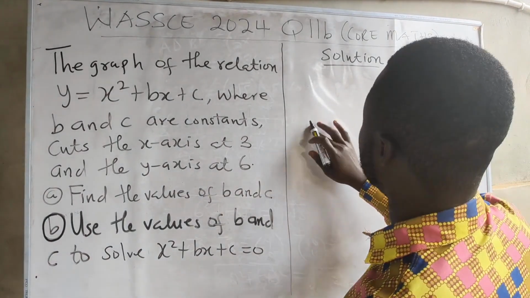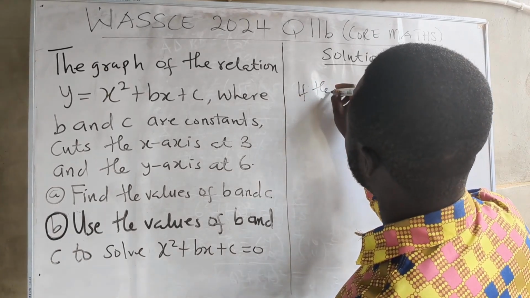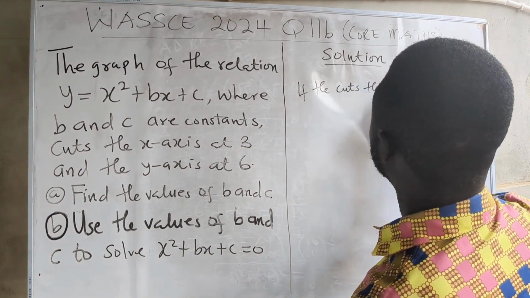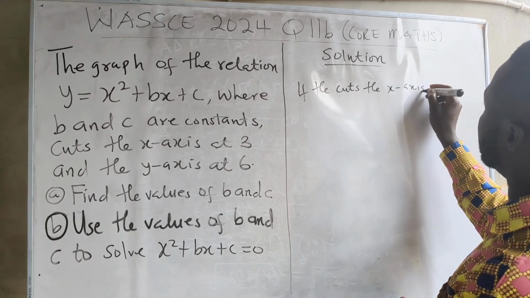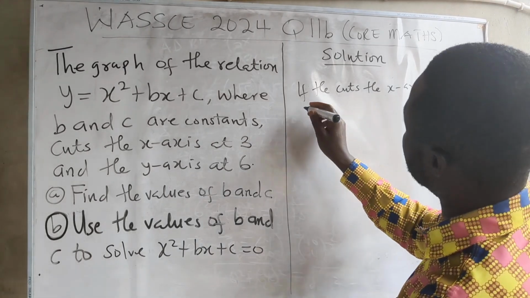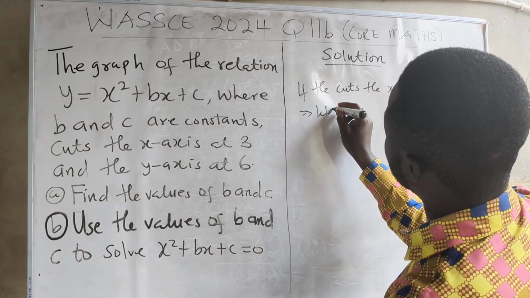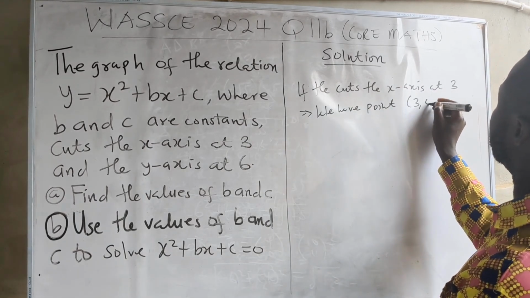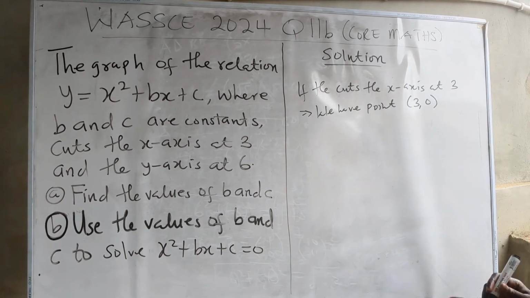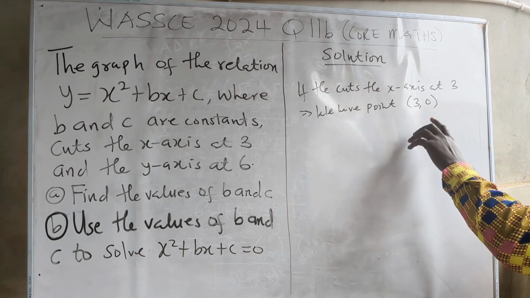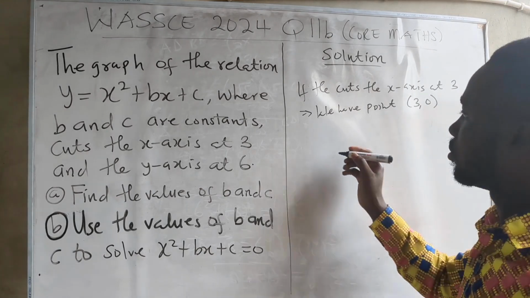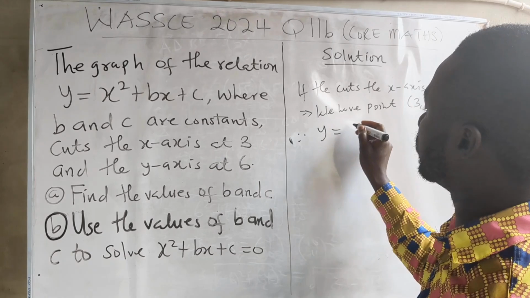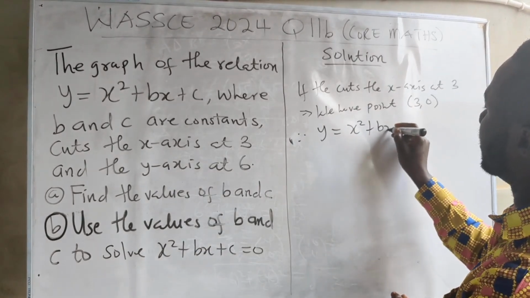So what we are going to say is that if the curve cuts the s axis at 3, it implies we have the point 3, 0. So we are going to substitute into y is equal to s squared plus bs plus c.